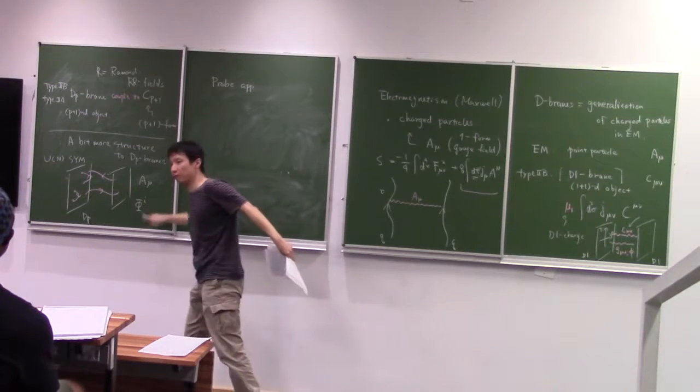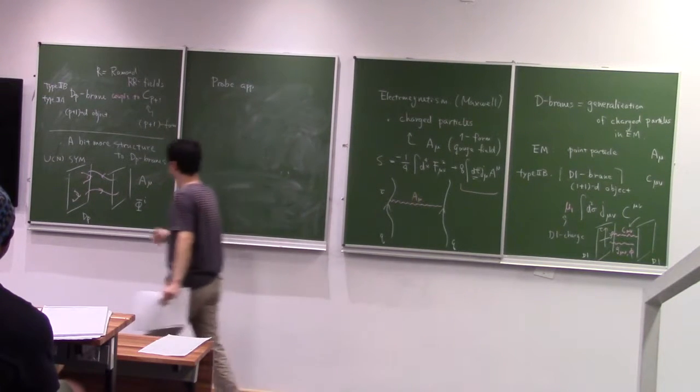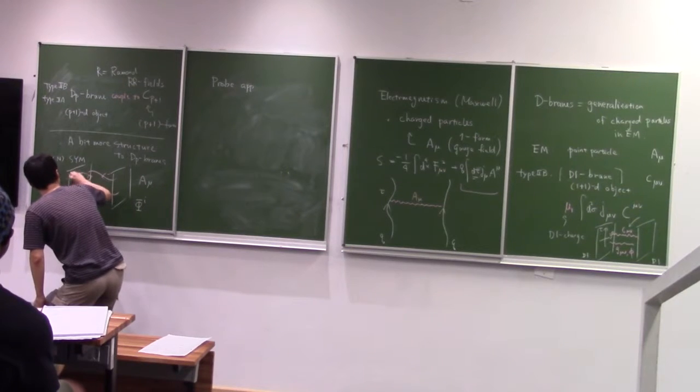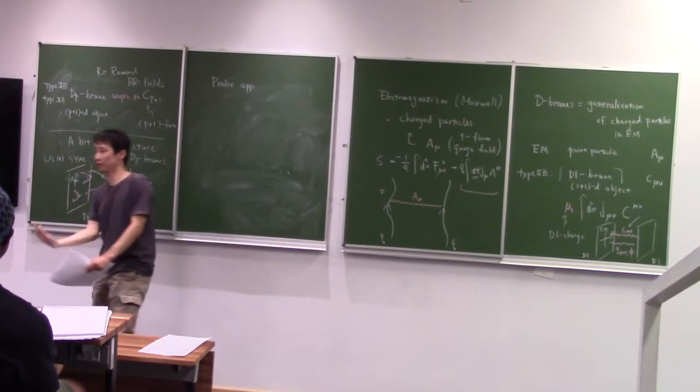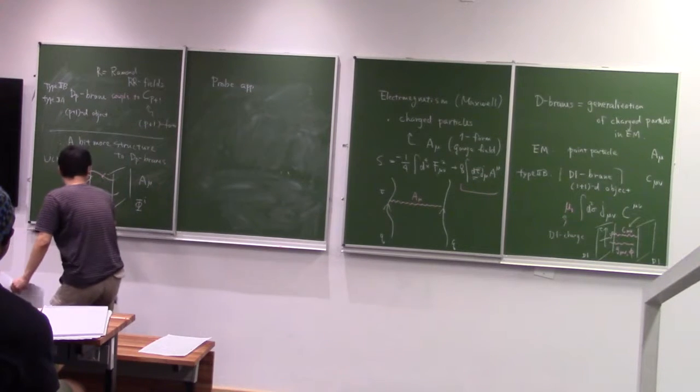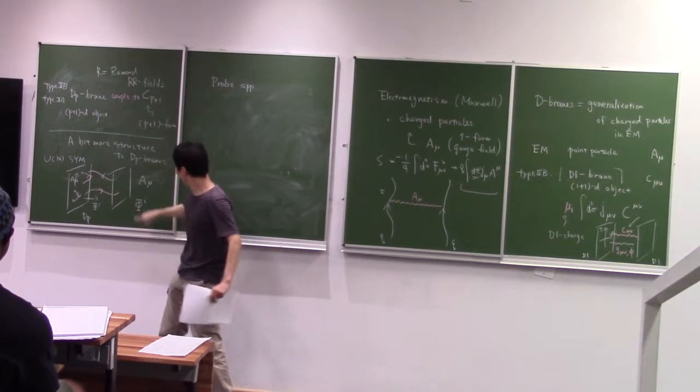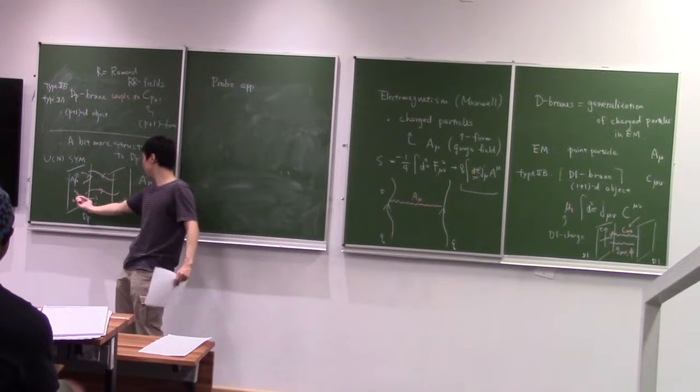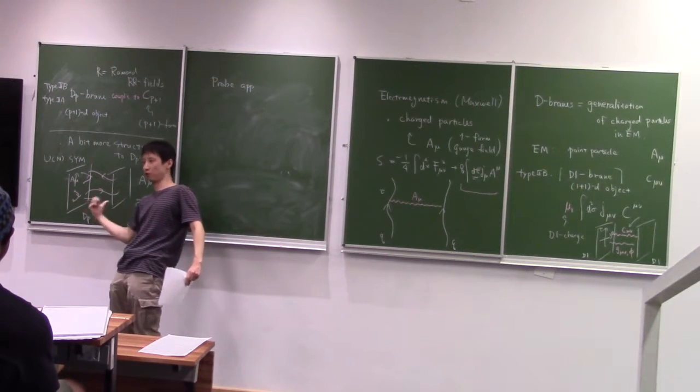And so is this one. And A mu is in this direction, along the brane, or longitudinal. And phi is this. So this excitation phi represents the transverse motion of the brane.